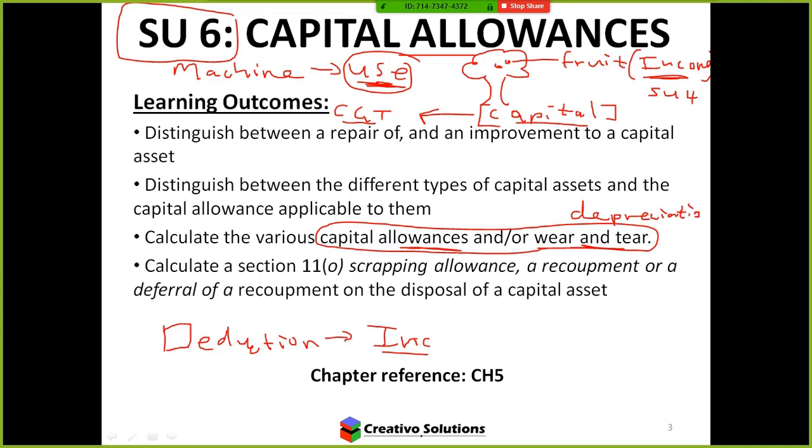But it's not depreciation because you have two different systems. You've got accounting and then you've got tax or SARS. The tax rules are separate from the accounting rules. In the accounting rules, we follow IFRS. When we look at tax rules, we follow the Income Tax Act.